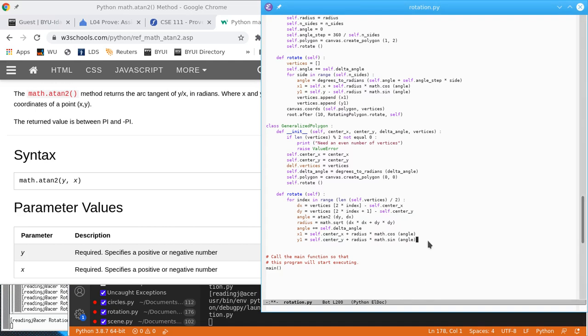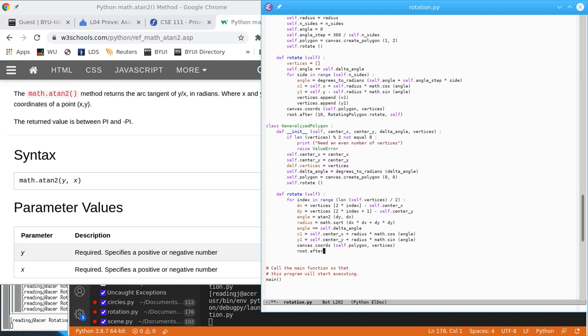And then we can do canvas.coords self.polygon vertices. And actually, oh yeah, all right.